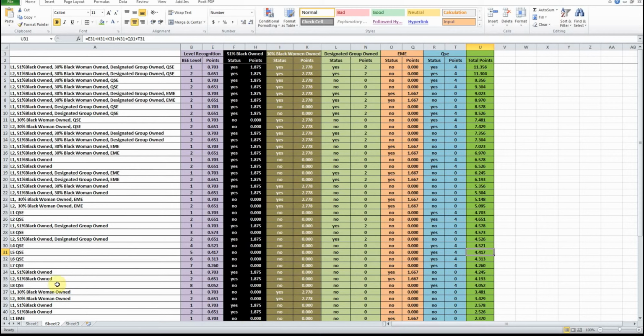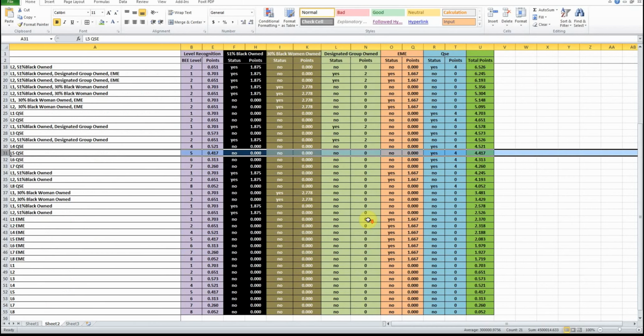So the reality is, if I'm the buyer at a large corporate company, and I need to get my points, I would much rather spend money with a 51% black owned company than with a white owned company, because the points difference is just under 7 points. That's a lot of points in the bigger picture.